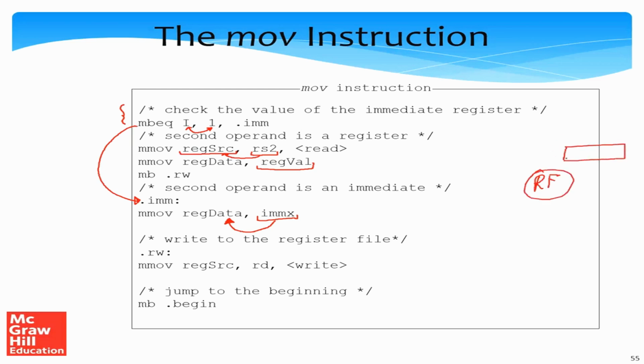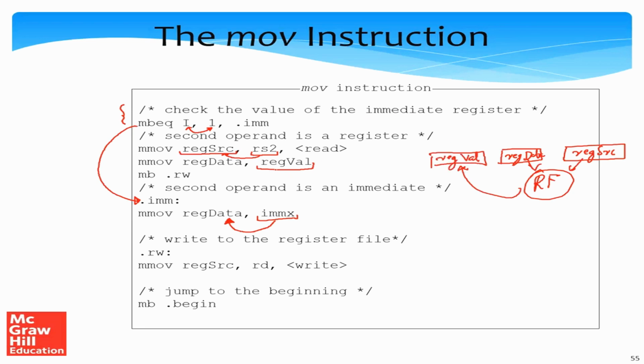We have reg source, which is the ID of what needs to be read, and we have reg data, which is the contents of what needs to be written, and then we have the output of the register file as regval, right?